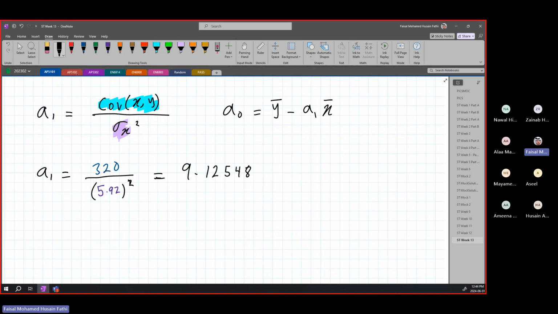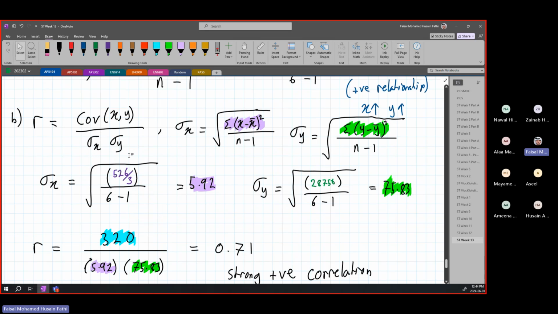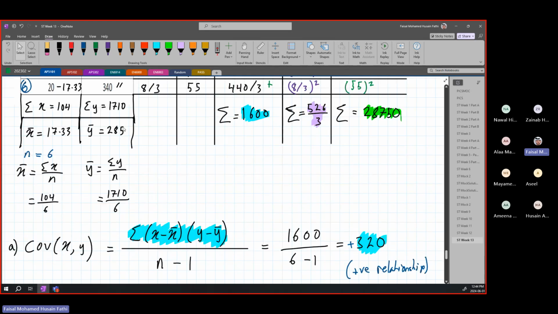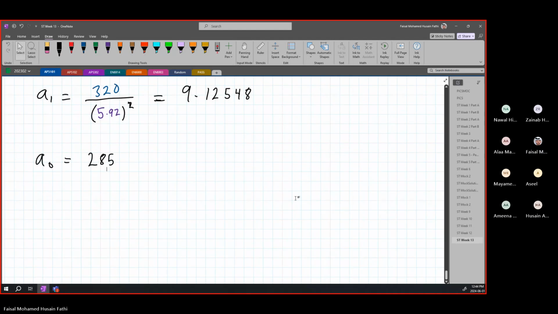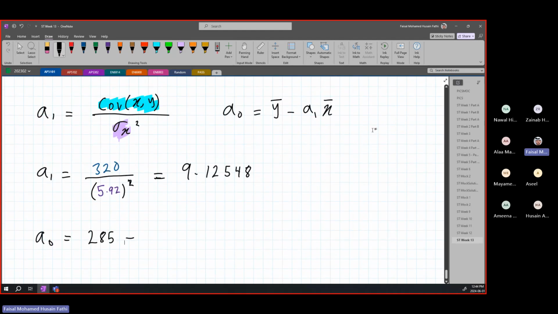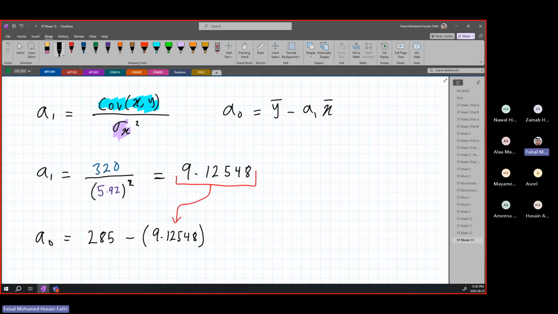9.12548. All right. And now if you want to find a0, a0 is equal to y bar. Y bar we have found from the table at the very beginning, which is 285. So 285 minus a1. All right, so we're looking at this equation over here. Minus a1, which is just 9.12548 that we have found earlier. Okay, this is our a1, right?